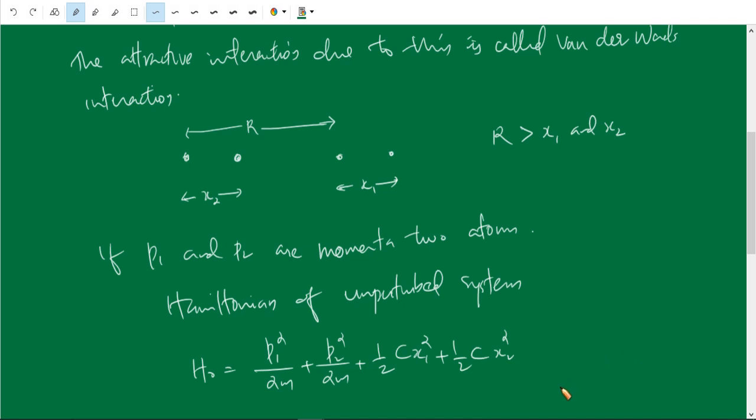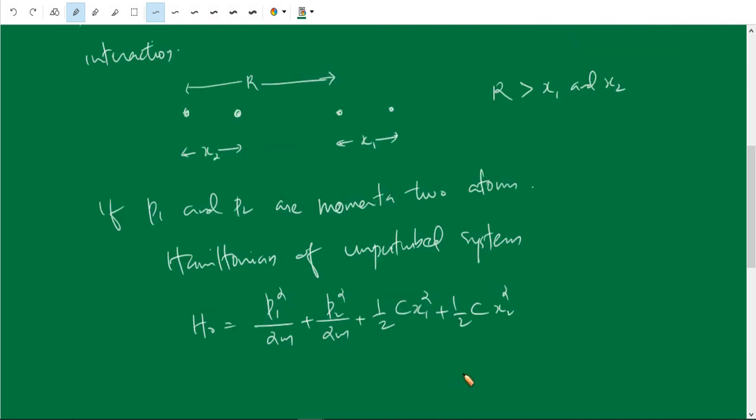Here the two atoms are identical, therefore the force constant C is identical for both atoms. If omega 0 is the unperturbed oscillator frequency, then C is equal to m omega 0 square, where omega 0 is the frequency of the unperturbed system.